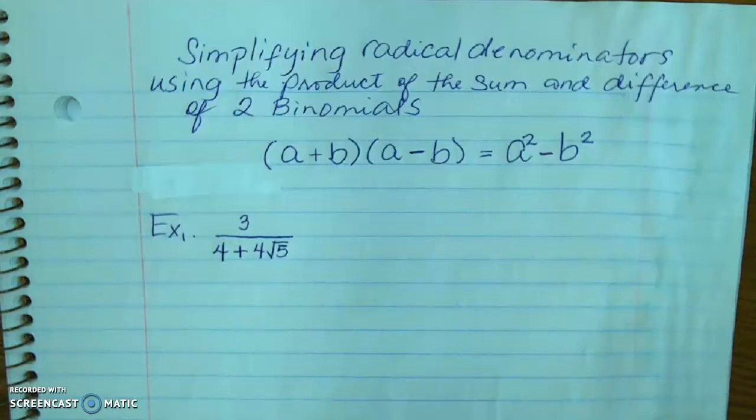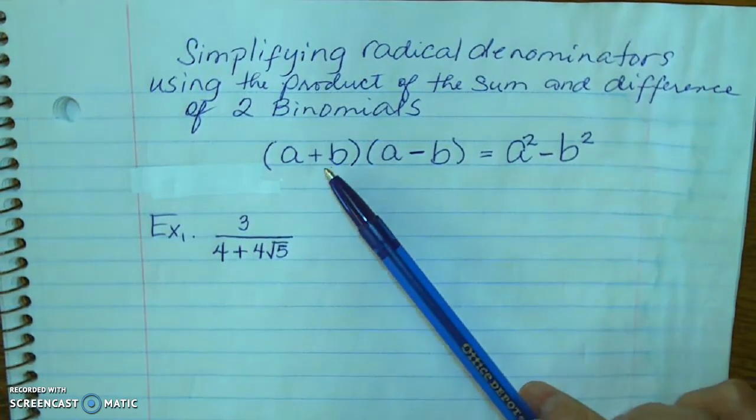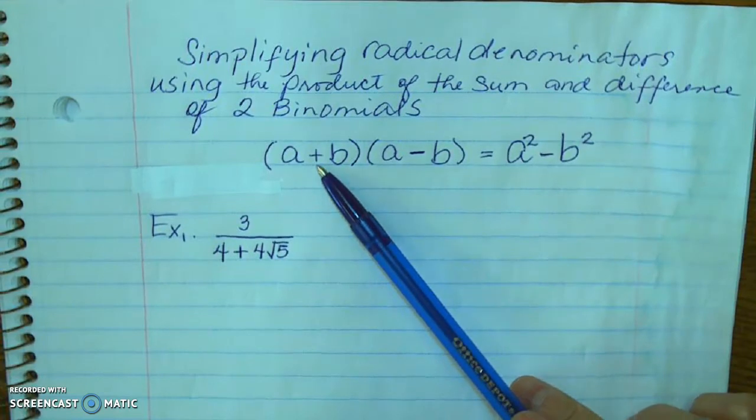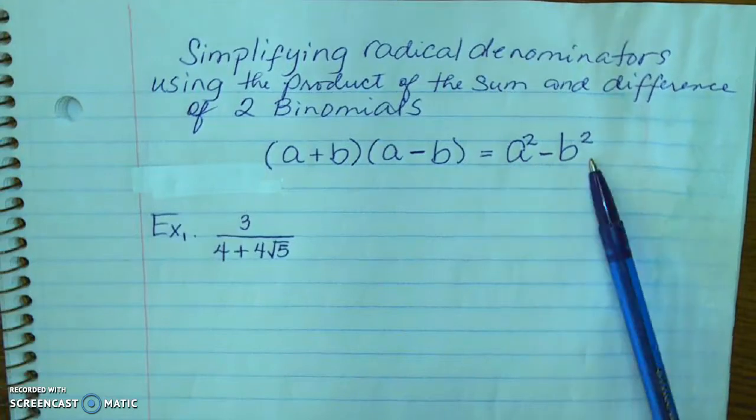Today we're going to discuss simplifying fractions with radical denominators using the product of the sum and difference of two binomials. First of all, we need to understand that the product of the sum and difference of two binomials follows this property.